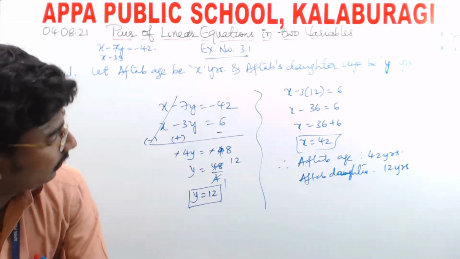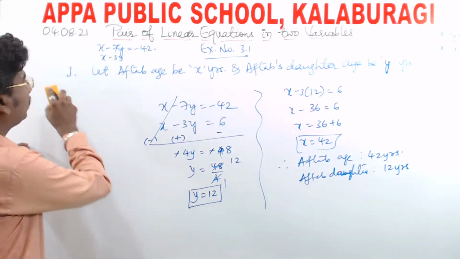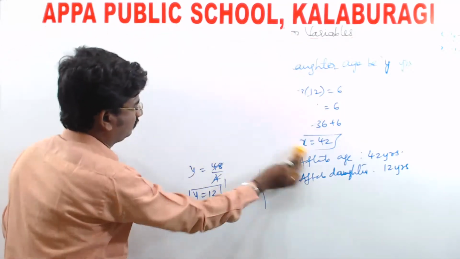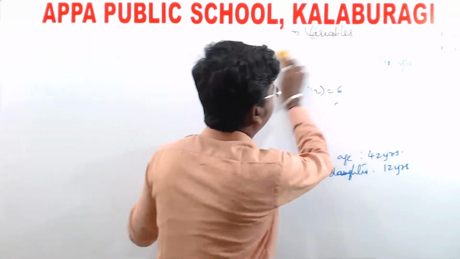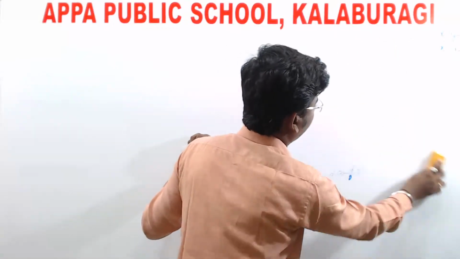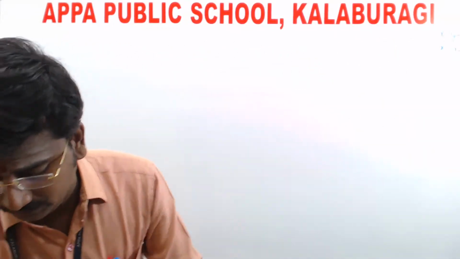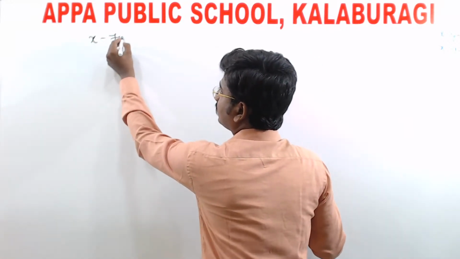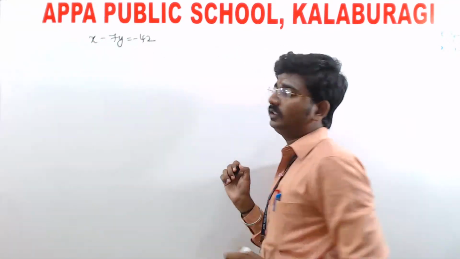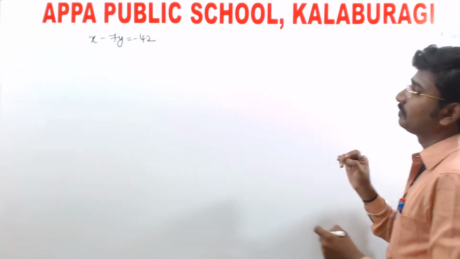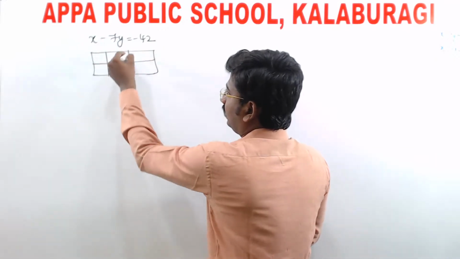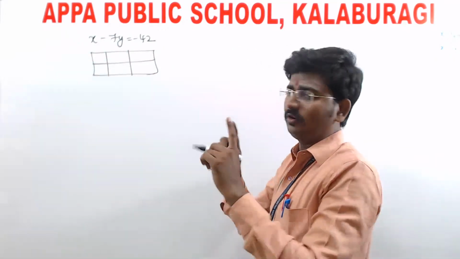Now again for the graphical solution, I need these equations. What is the equation for the graphical solution? First one was x minus 7y equal to minus 42. Am I right? Yes. Now again the same table, x and y. Always two values are enough to join and extend.